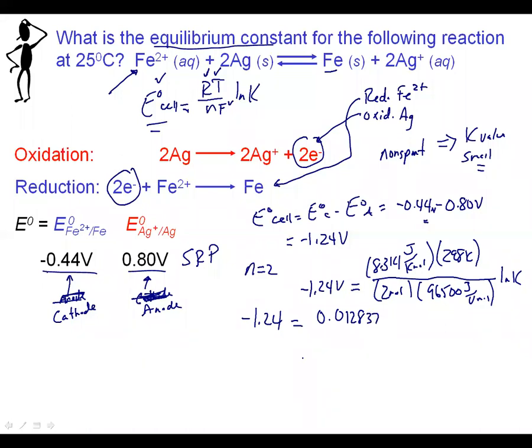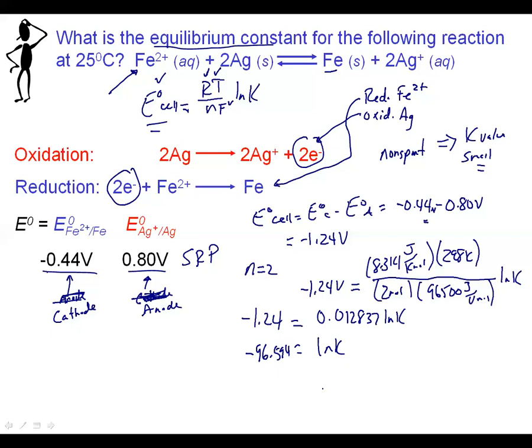We're going to divide to the other side, and that will get us minus 96.594.